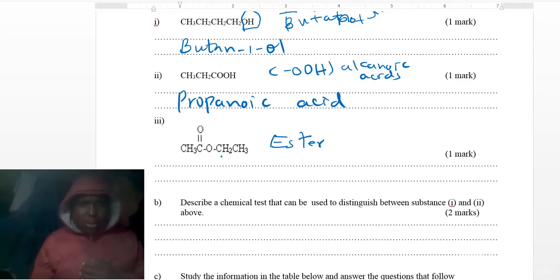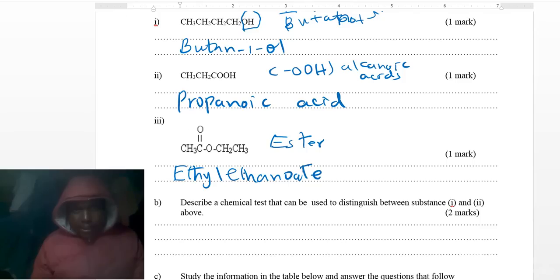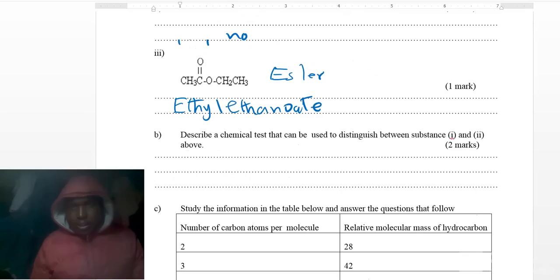So the alcohol which combined with the alkanoic acid, ethanoic acid, is 1, 2. So the name is going to be ethyl ethanoate. The process is esterification. You need to know that.